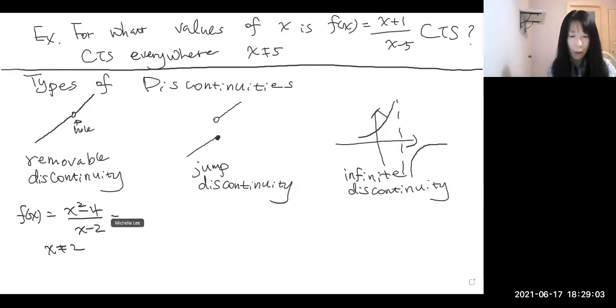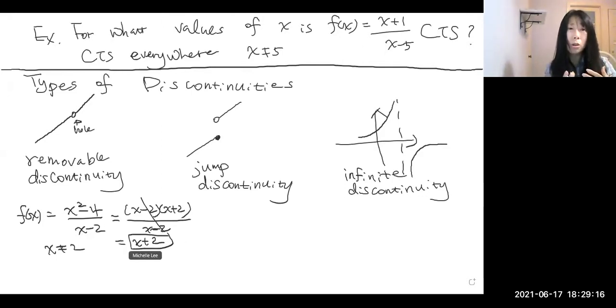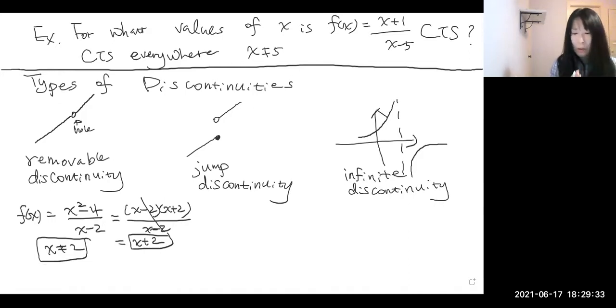If we simplify this one, then we get x plus 2. So x plus 2, how do we draw? It's a straight line, right? But then there is a hole at x equal to 2 because of the domain restriction, x cannot be equal to 2, right?